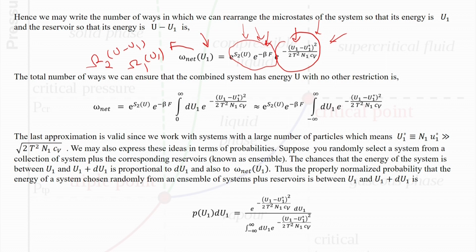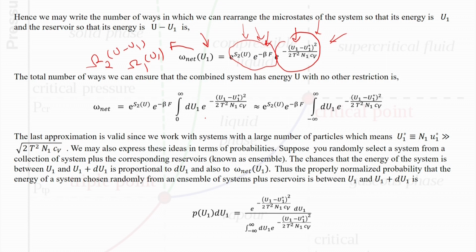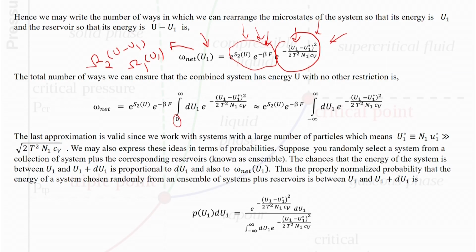But notice that I am doing a classical physics type of analysis. So, the energies are not discrete. In other words, summing over all u1 is the same as integrating over all u1s. Even if u1s are positive, of course, I have at the back of my mind some kind of an ideal gas where its energy is mostly kinetic energy and it's positive, and as a result the lower limit is 0.